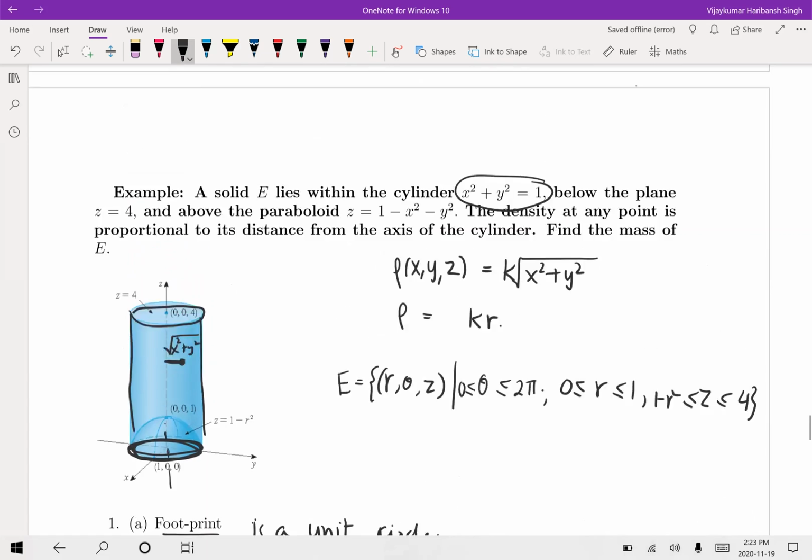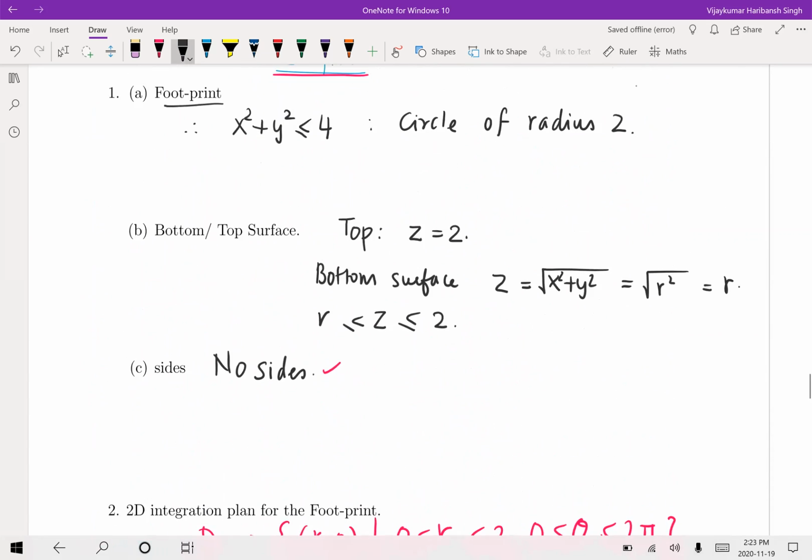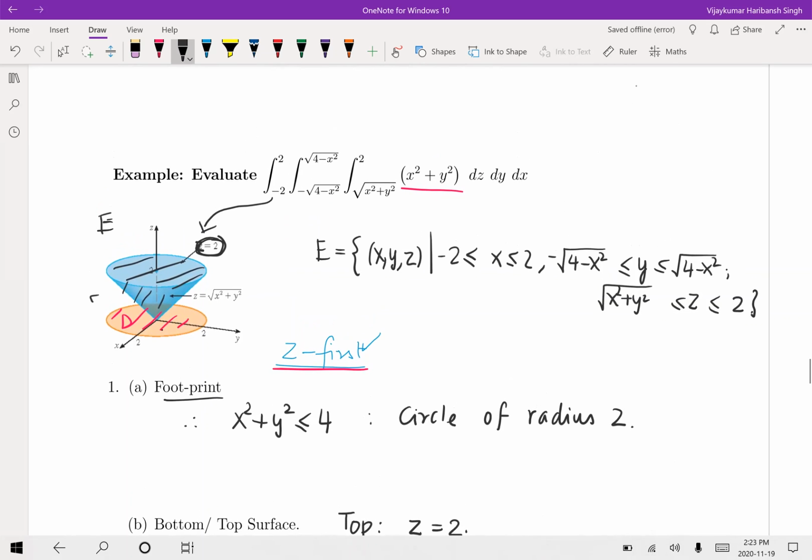Yeah. So the same thing we should have done here as well. We should look at the E we have done here in polar, sorry, E in cylindrical.